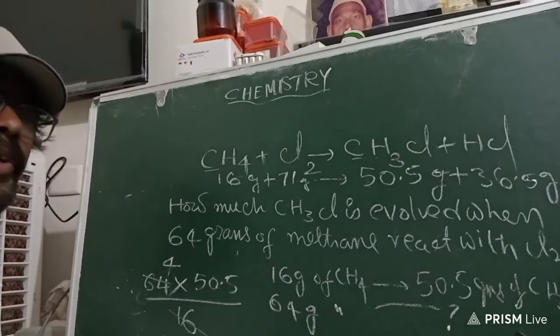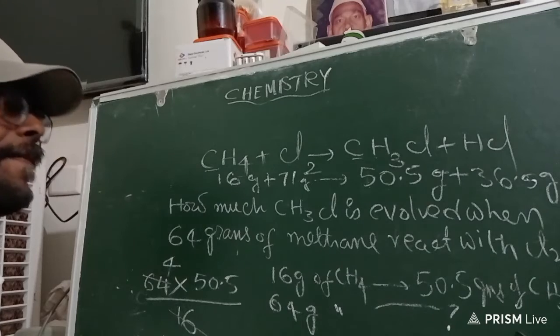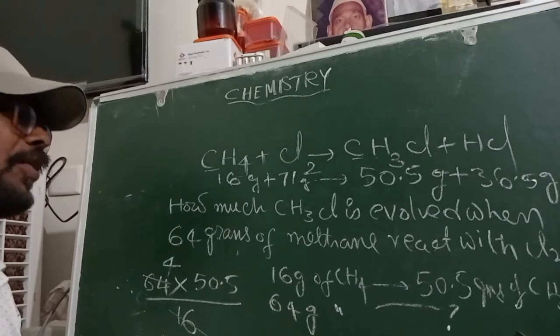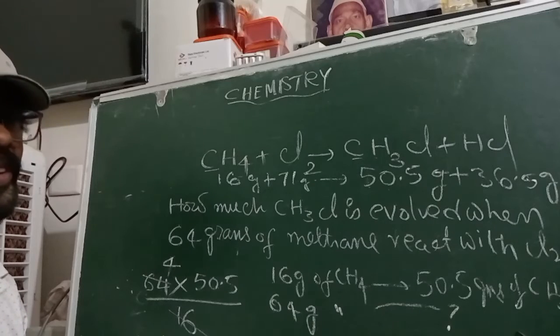So 202 grams of methyl chloride is evolved when 64 grams of methane reacts with chlorine.